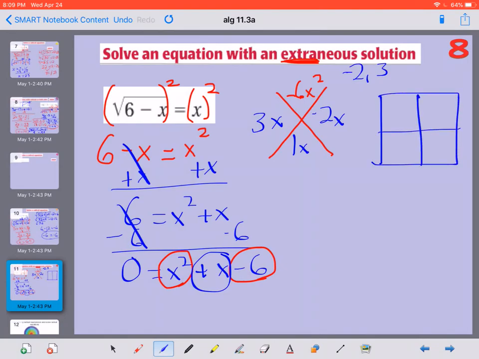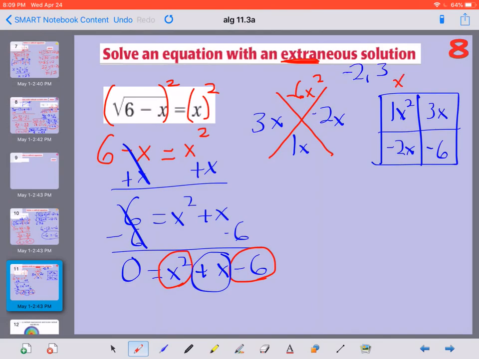Then I got to draw my box so I can factor this. What goes in this top left box is a, so I'm going to put 1x squared. In the bottom right is c, so I'll put negative 6. Then I have a 3x and a negative 2x.